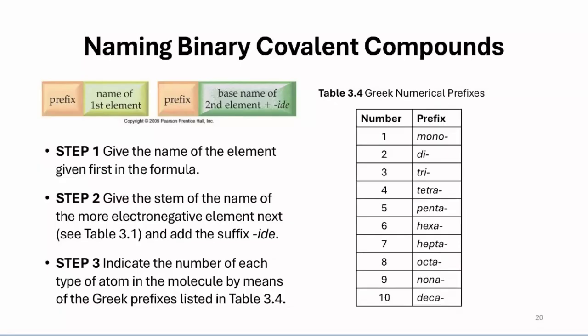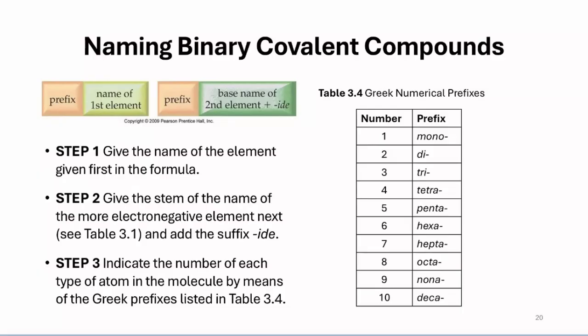A prefix is going to be utilized only if you have two or more atoms, and you will know that you have two or more atoms for that first element because of its subscript.